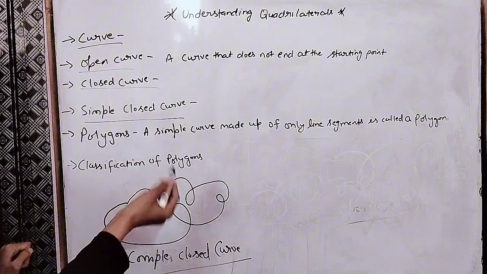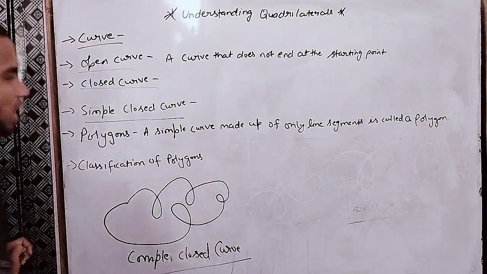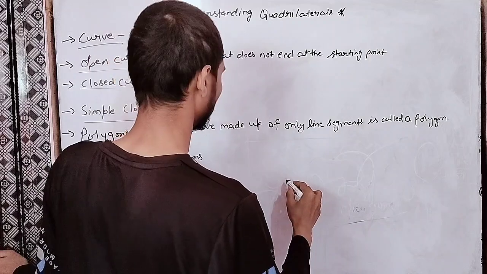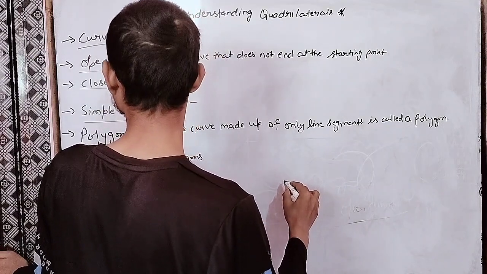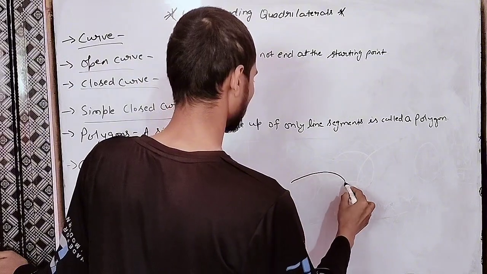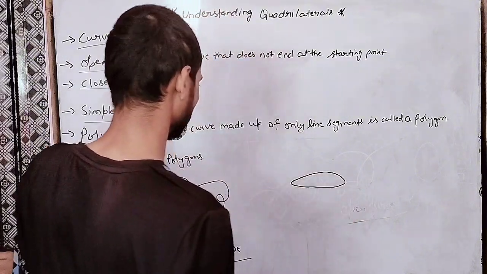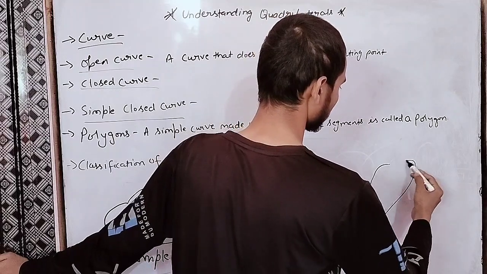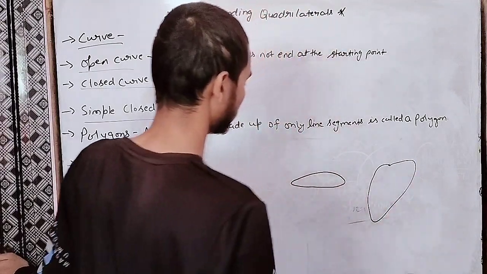Now, what is the diagram of a simple closed curve? This is simple. This is simple.